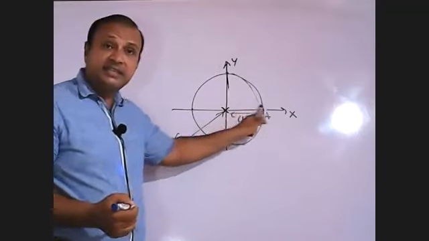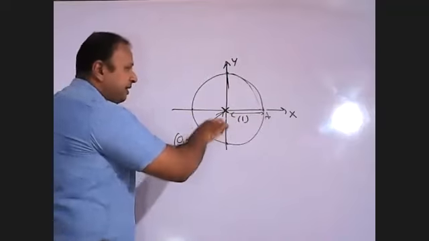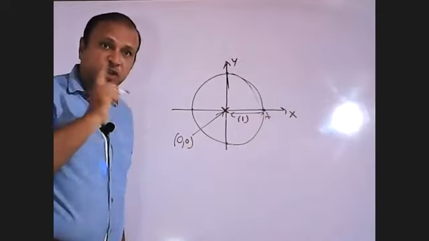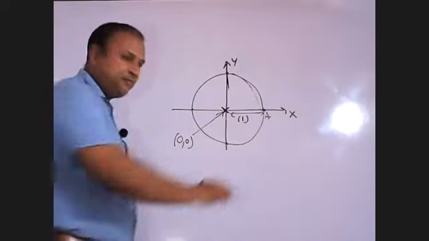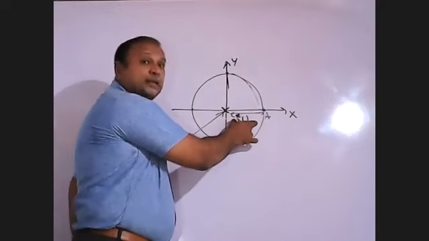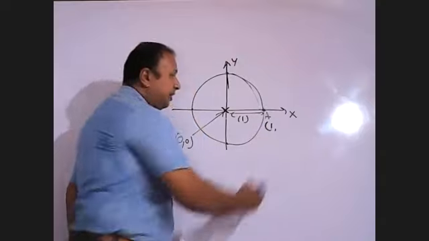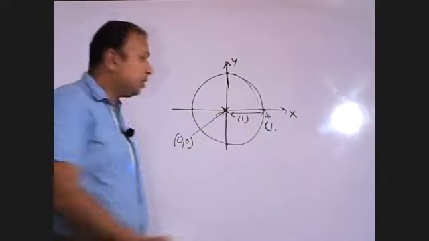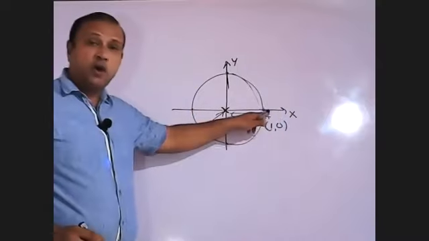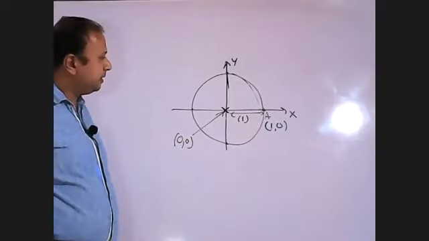As the radius of this circle is unit 1, the x coordinate should be equal to 1, because this length is unit 1. And the y coordinate should be equal to 0, because point A is on the x-axis.